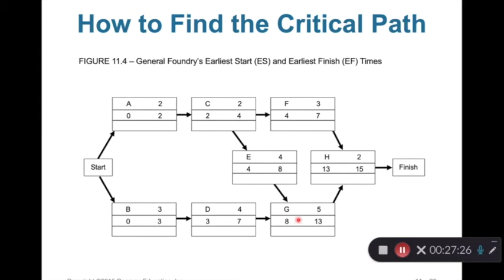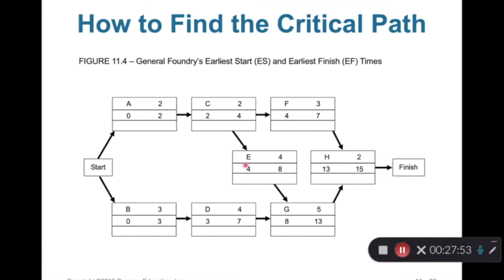G is a little bit different. Why? Because G has two immediate predecessors, D and E. So this time, when we're trying to figure out the ES for G, we should use the largest of the EFs of G's immediate predecessors.